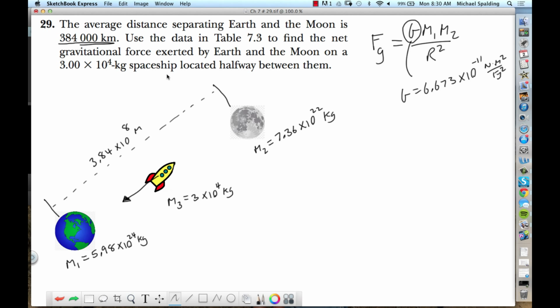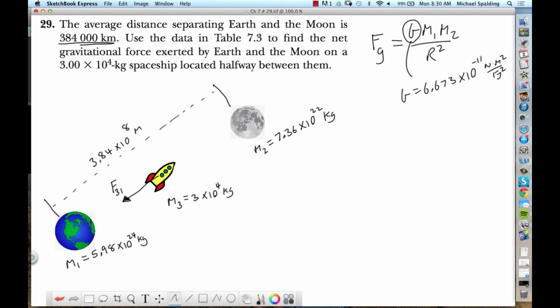So the Earth also has a force, but we're focusing on the spaceship. So I'm going to label this force F31, meaning the force on object 3 from object 1. F31 meaning the force on m3 exerted by m1.